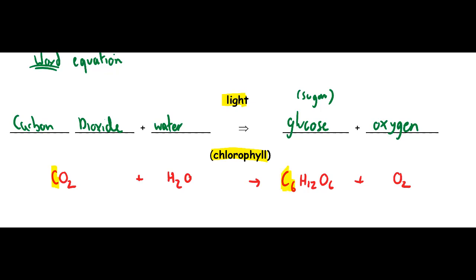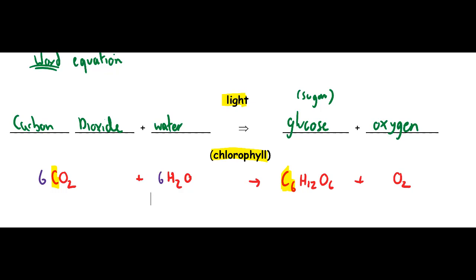So over at this side, we have got 6 carbons. So we need to put a 6 there. We need to have the same number of hydrogens. So over here, we have got 12. So we need to put 6 there. And this means we've got 12 hydrogens on both sides and 6 carbons on both sides.